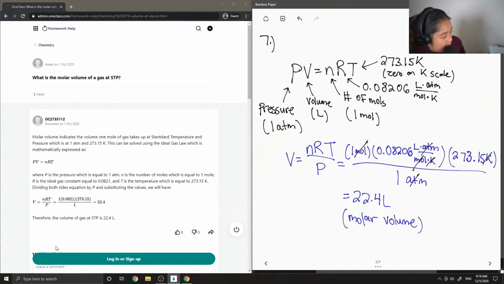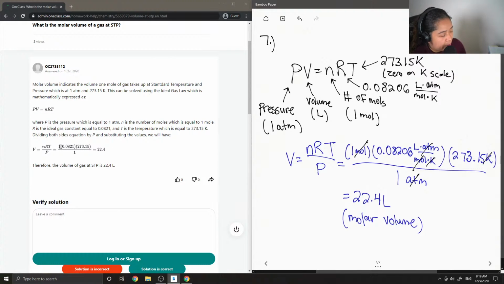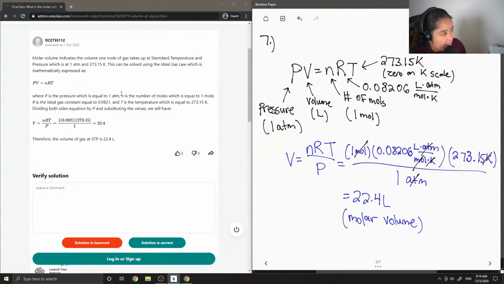So the junior tutor said, molar volume indicates the volume 1 mole of gas takes up at standard temperature and pressure, which is 1 atm and 273.15 Kelvin. This can be solved using the ideal gas law, PV equals nRT, where P is the pressure, equal to 1 atm, n is the number of moles, equal to 1 mole, R is the ideal gas constant equal to 0.0821, and T is the temperature, equal to 273.15 Kelvin.